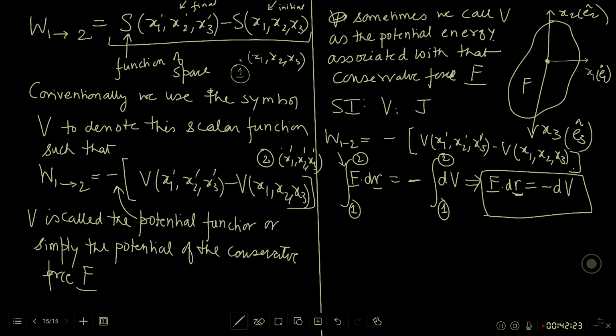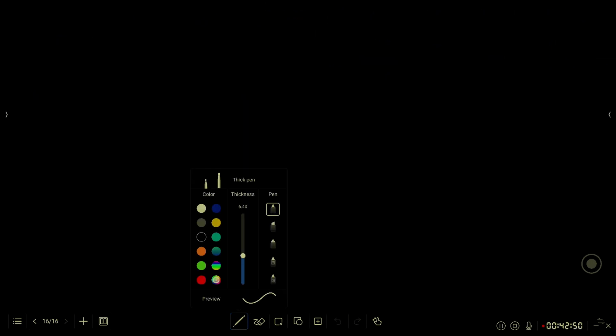So we are led to this question: suppose we know force F is conservative, how do we find its potential function V? F is a known force and it is also known to be conservative.